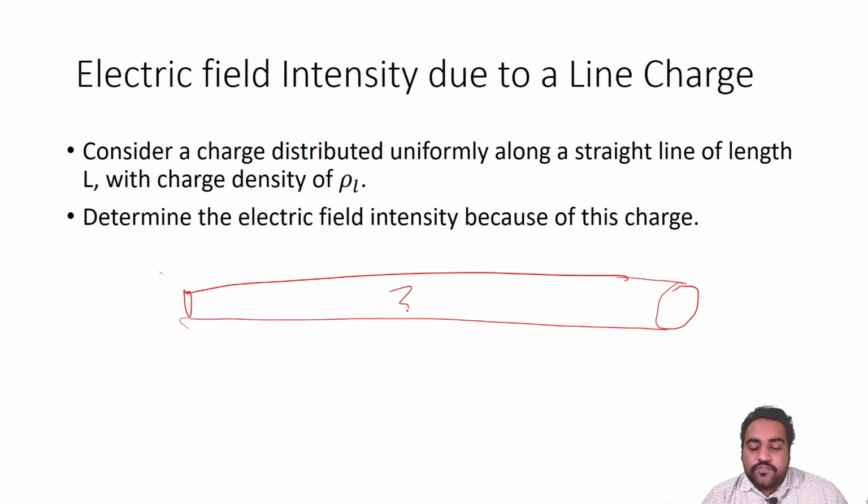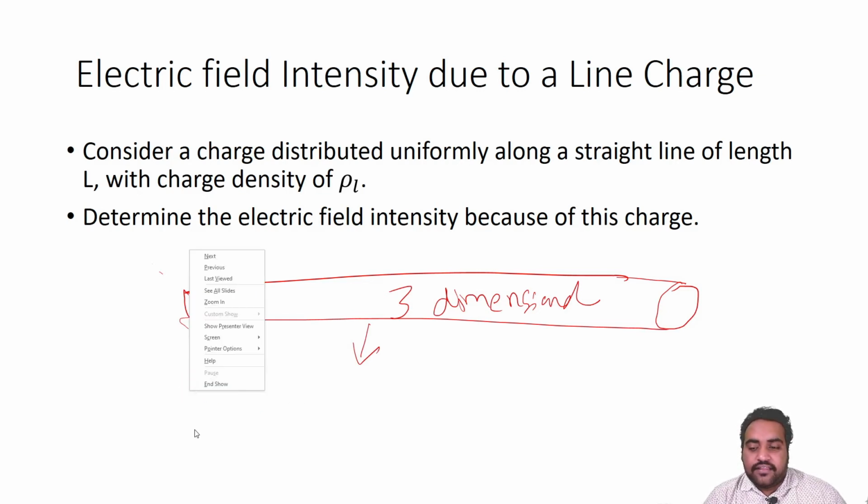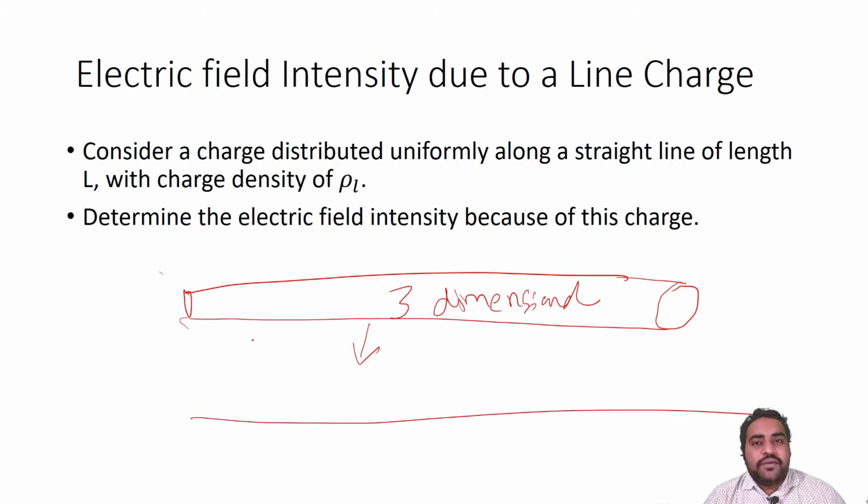Here, this would be a three-dimensional quantity. The same wire, when we are discussing electricity, would be a one-dimensional quantity.